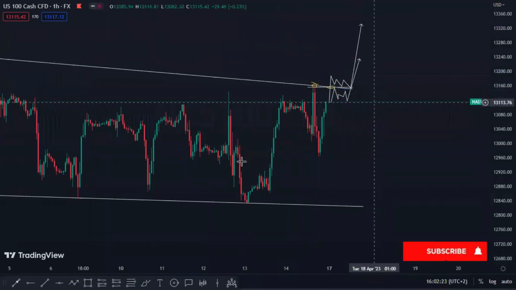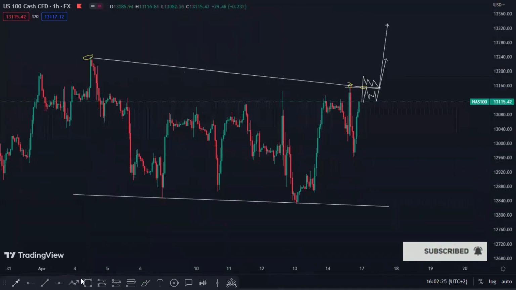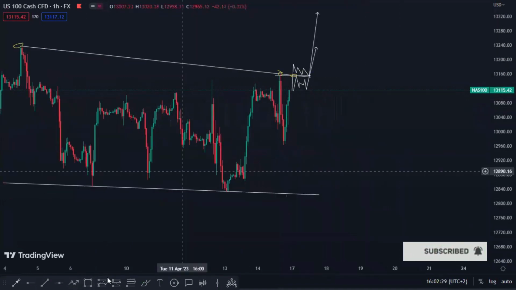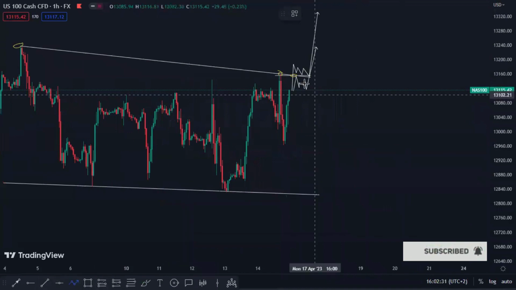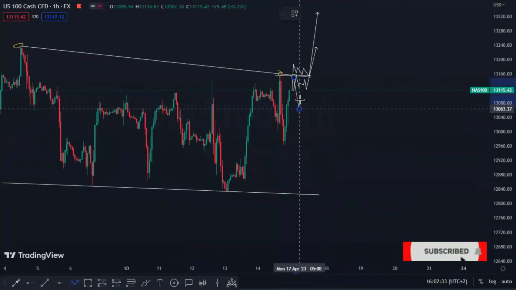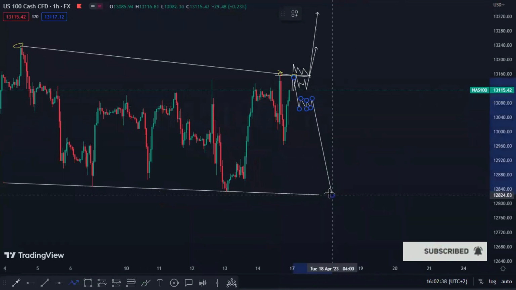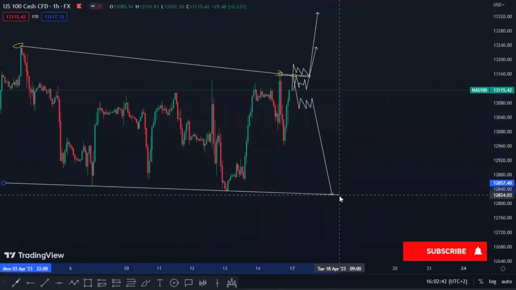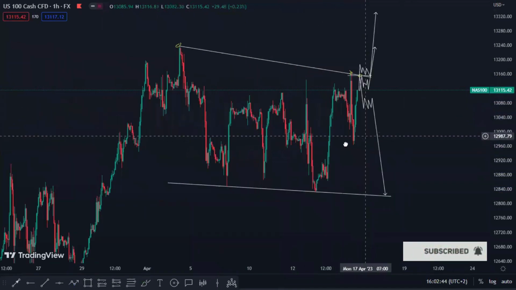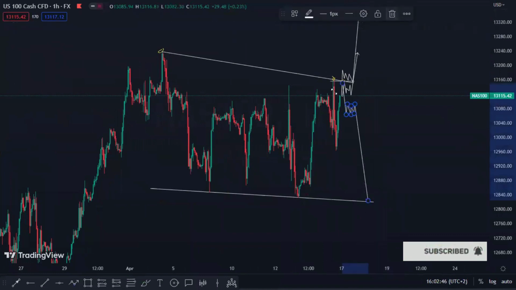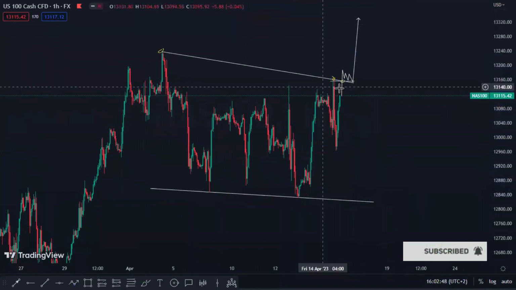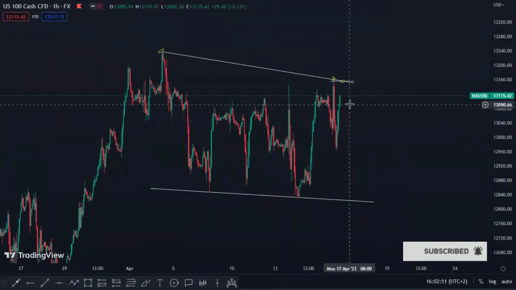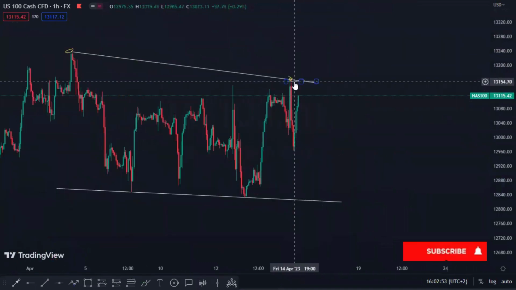Another thing that can happen is that price can respect this level as a double top and a third touch and drop to the downside, giving us continuation patterns to the downside, and then coming here to give us a third touch on the bottom side of the flag. But yeah, guys, it's a waiting game on US 100. Just gonna wait and see how price behaves when it reaches that level.